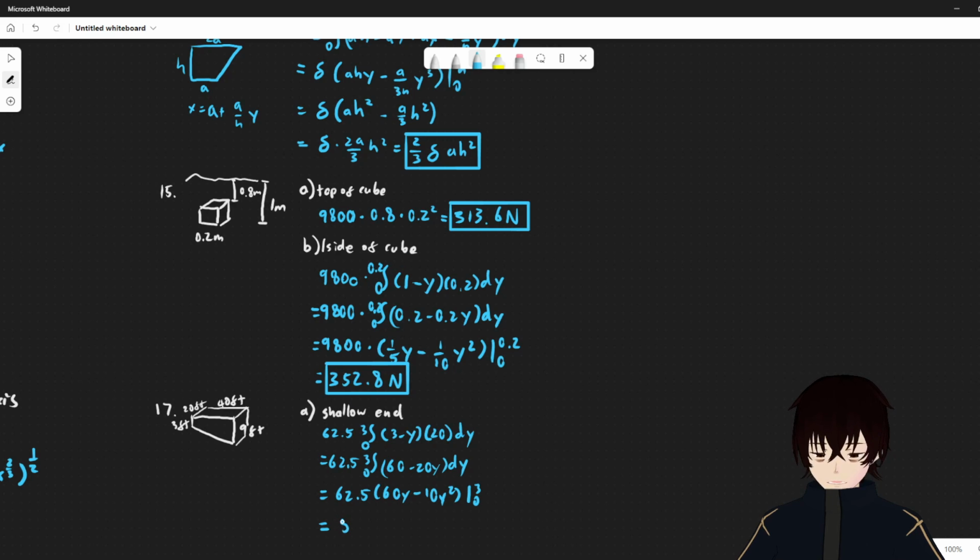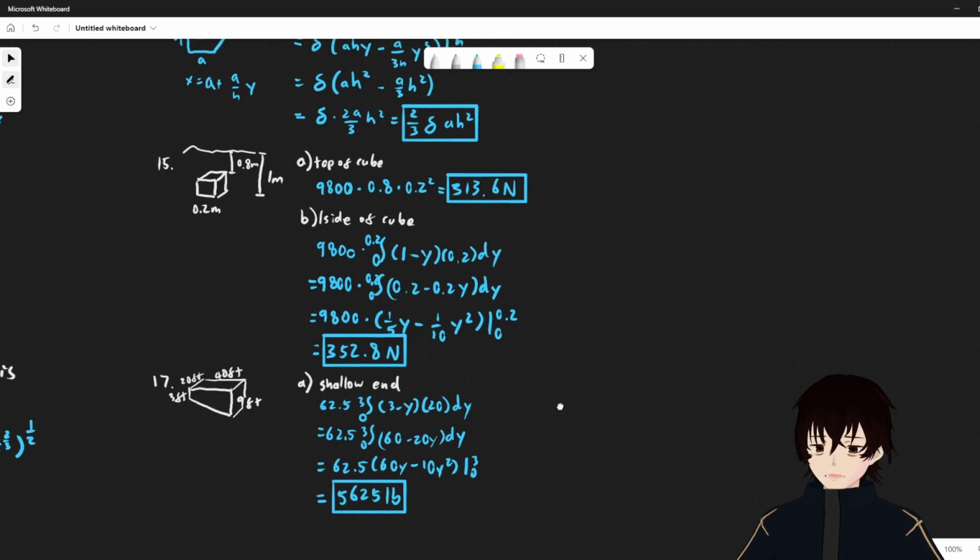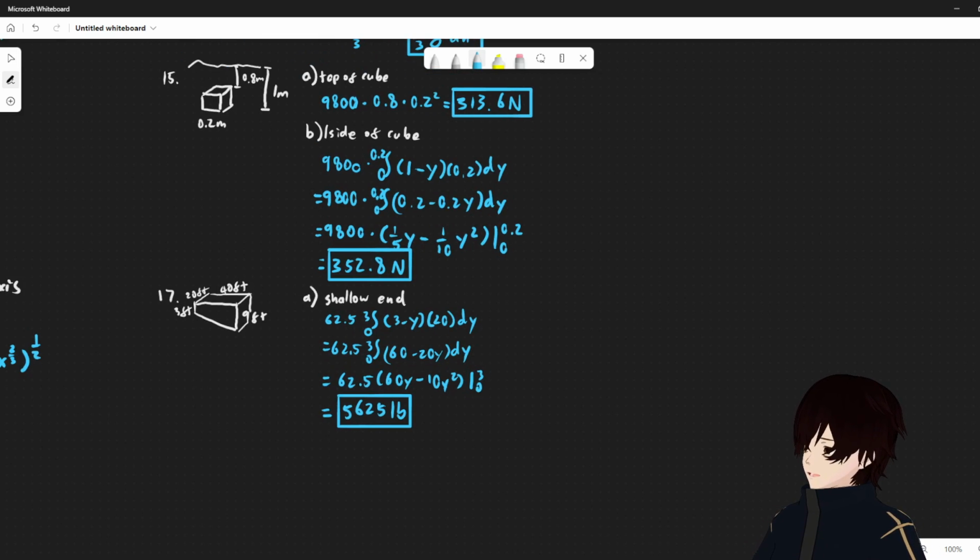We get 5,625 pounds because we got foot. And just double check real quick. Yeah, sounds about right. It's a little off because of the decimal I used, but it's fine. Seems they rounded it.